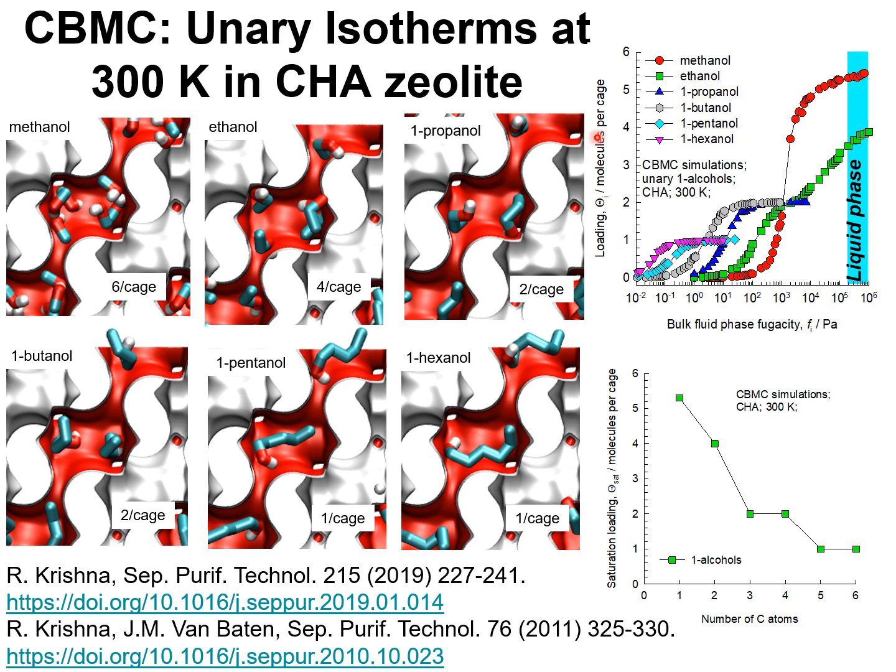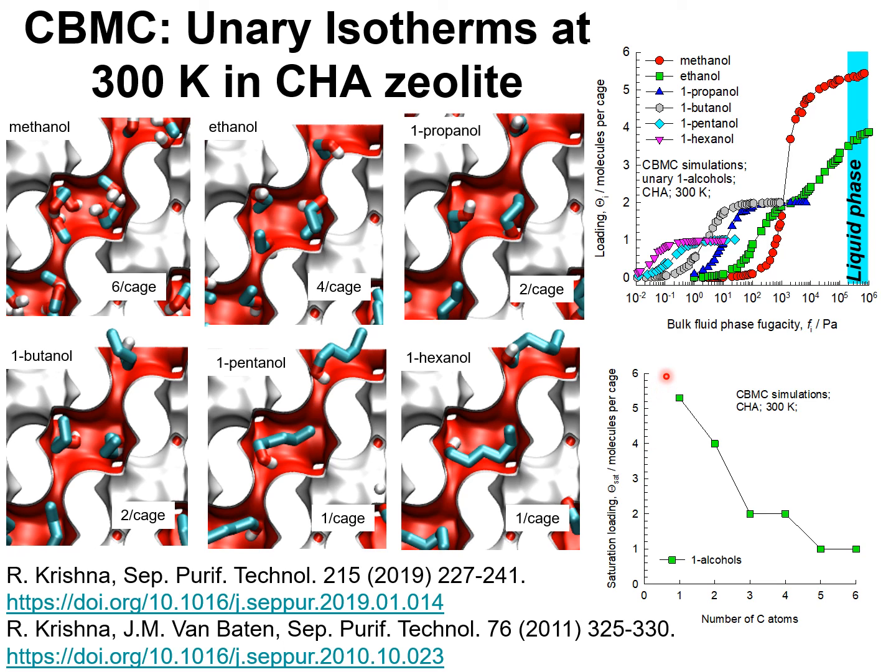The loadings expressed in molecules per kg of Chabasite are plotted against the fugacity in the bulk fluid phase. We note that the saturation capacities decrease with increasing chain length, going from methanol to 1-hexanol.